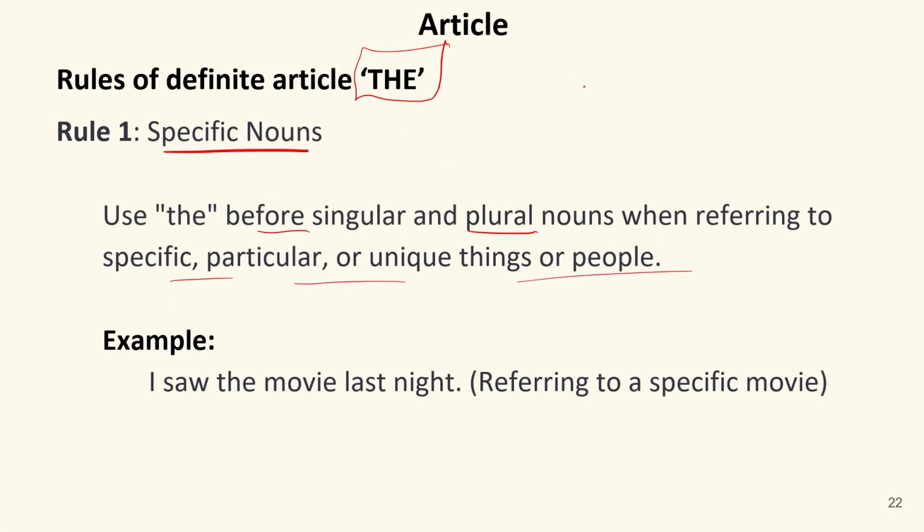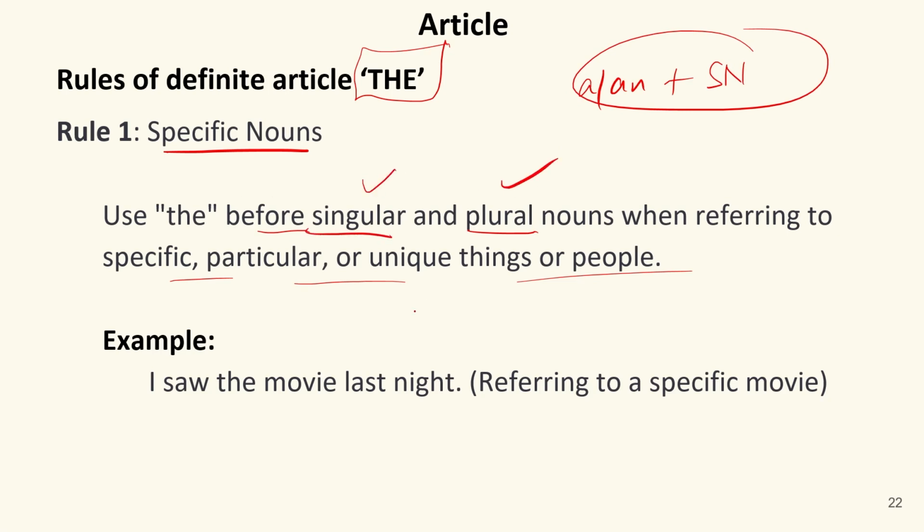When we read a and an, those can be used only with singular nouns. But the can be used before singular as well as plural nouns. But they should be particular, they should be specific.